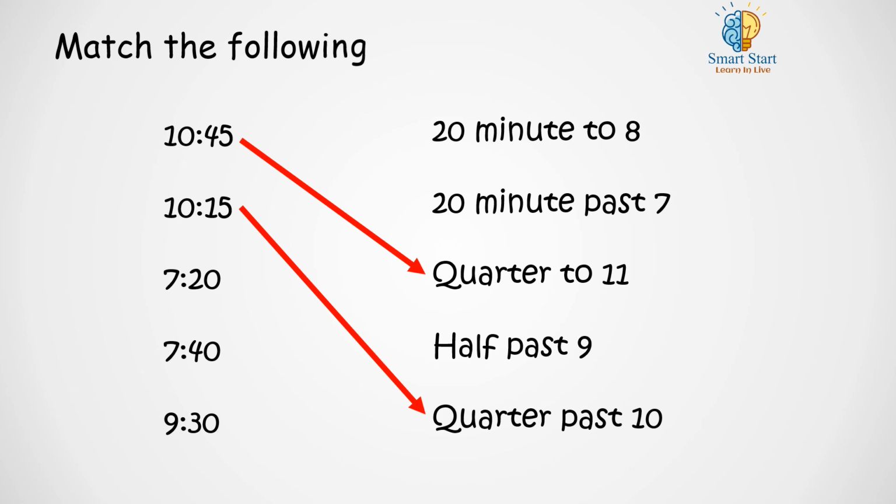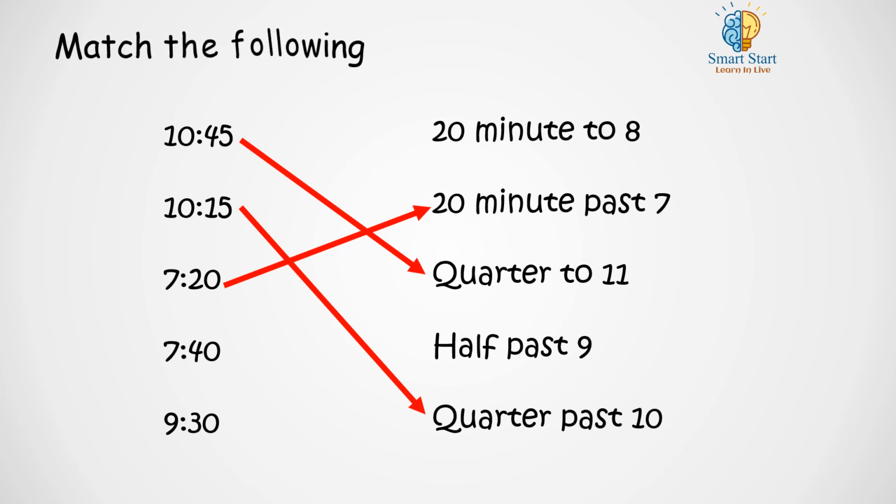Next, 7:20. The hour hand is on 7 and the minute hand is on 4. It means 20 minutes completed after 7. That is, the minute hand is on the right hand side. It means 20 minutes past 7.